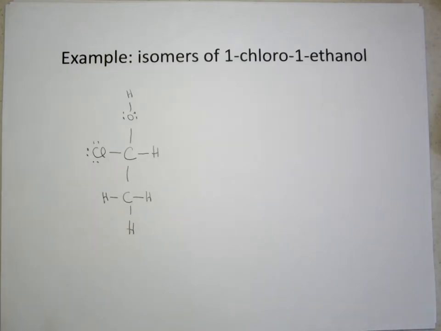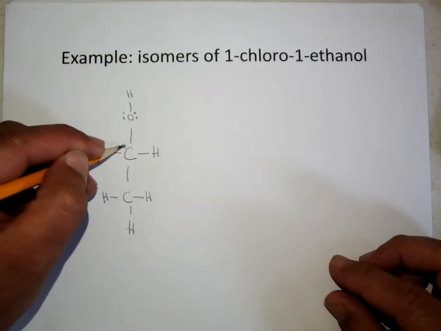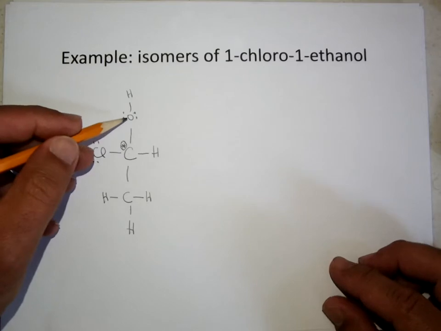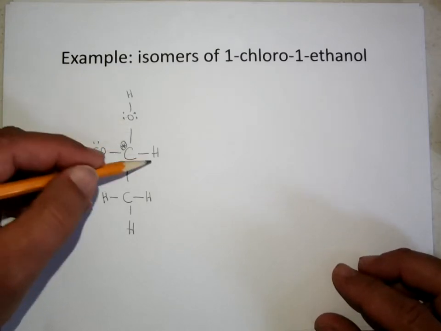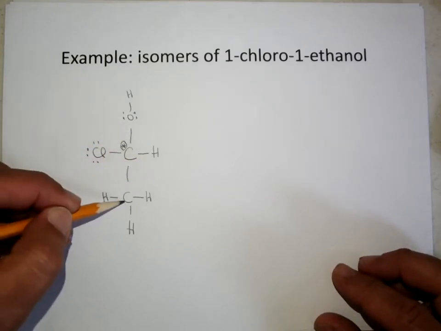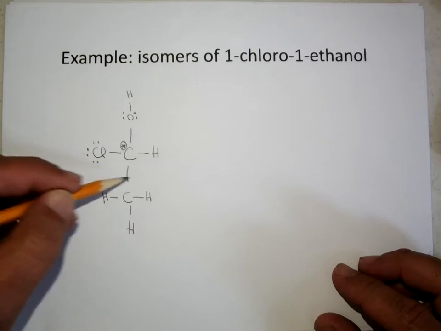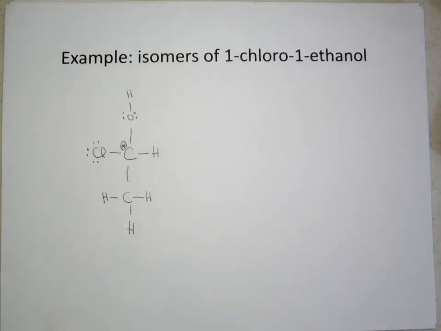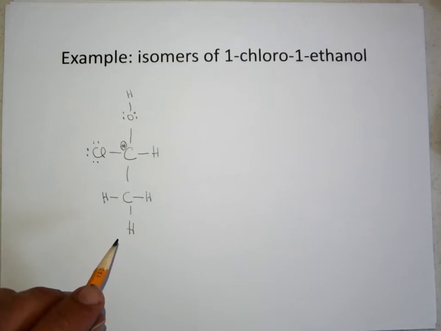So here's a nice picture of 1-chloroethanol. And the first carbon here is chiral because it has 4 different groups on it. It has an OH, a hydrogen, a methyl, and a chlorine. So 4 different things on that carbon makes this chiral and optically active.